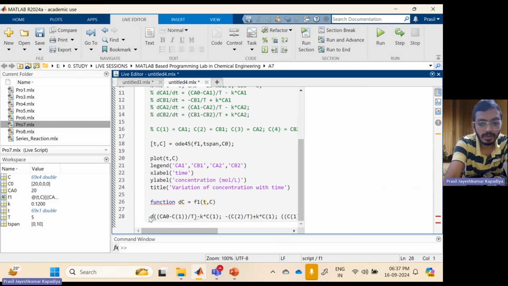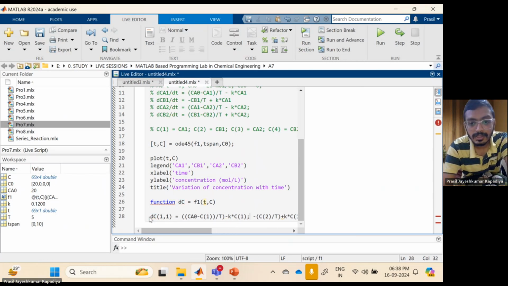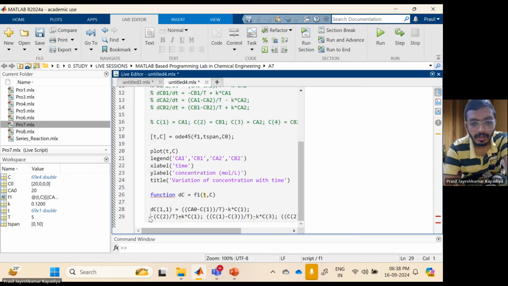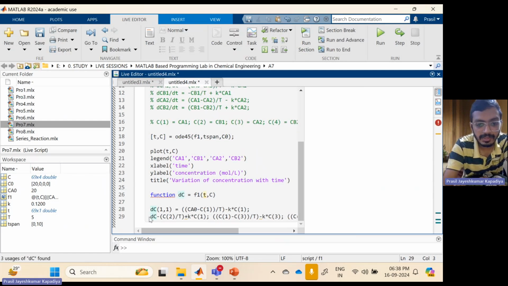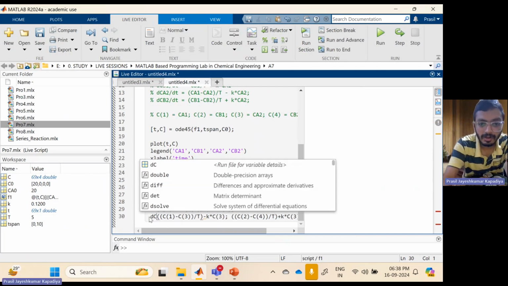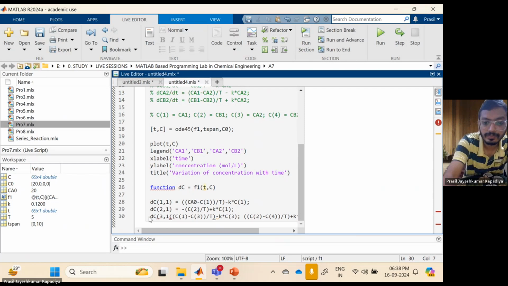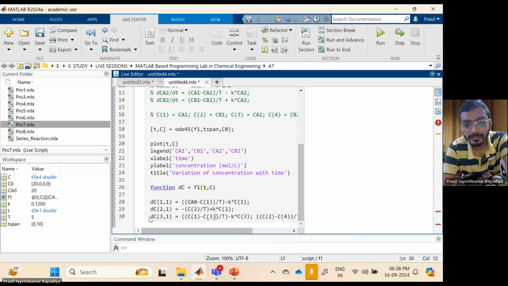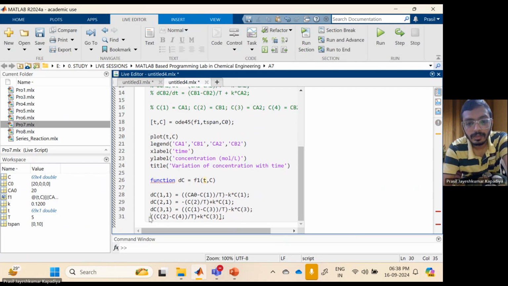This will be my first equation, this will be my second equation, this will be my third equation, and this will be my fourth.